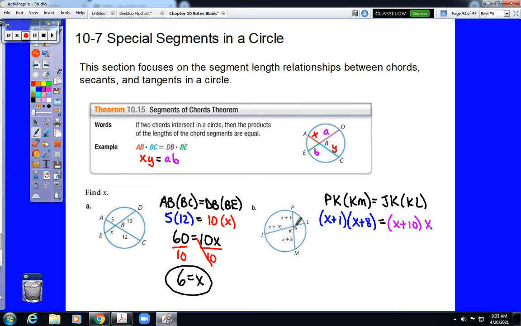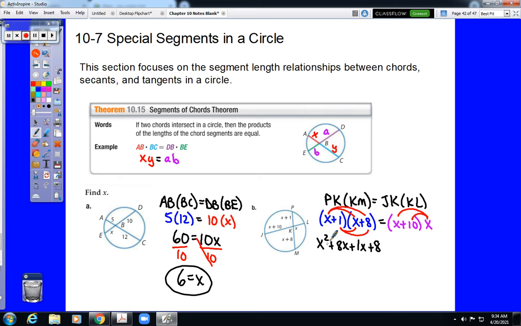So this requires us to remember our algebra skills, because on the left we're going to have to FOIL X times X, X times 8, 1 times X, 1 times 8. And on the right we're going to have to distribute X times X and X times 10. So our next row would be X squared plus 8X plus 1X plus 8.